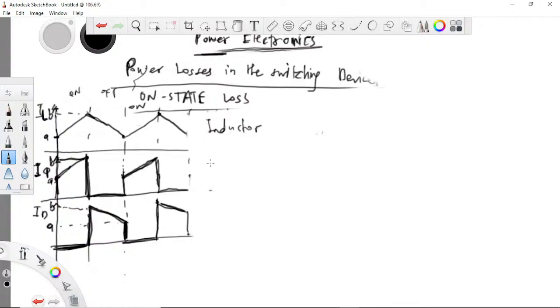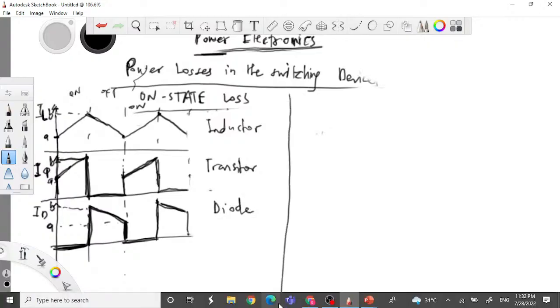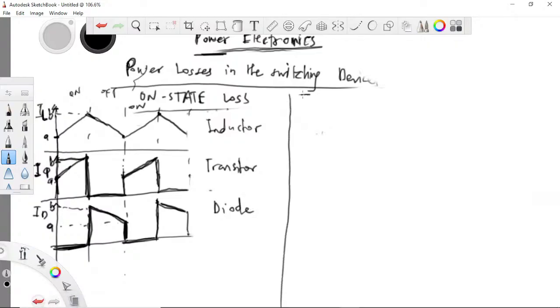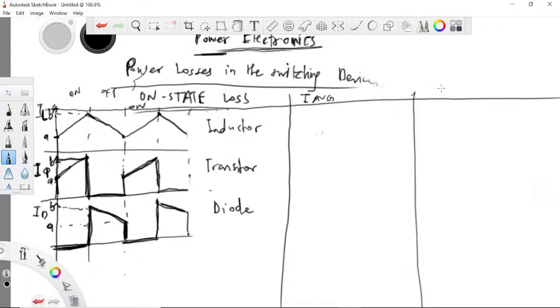This is the switch, or the transistor. This is the diode. Now we said the average, so this is the I average. So you can have this table of waveforms, average current, and RMS current.